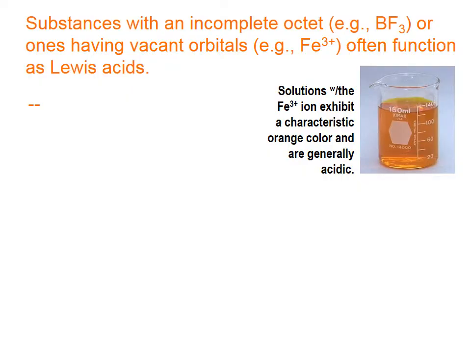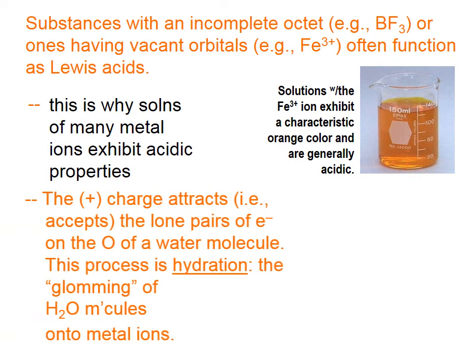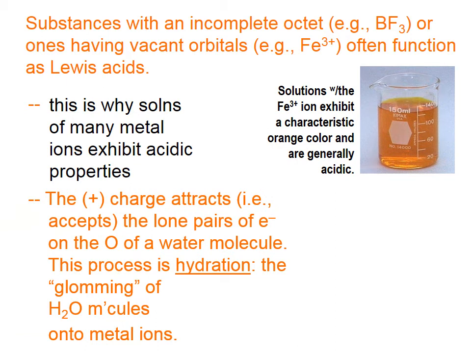Substances with an incomplete octet, for example BF3, or ones having vacant orbitals, for example the iron 3 ion, often function as Lewis acids. This is why solutions of many metal ions exhibit acidic properties. So let's explain this a little bit.